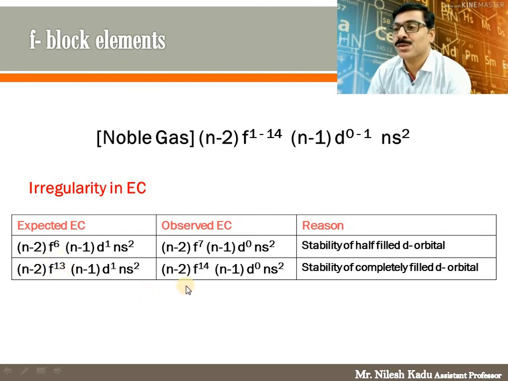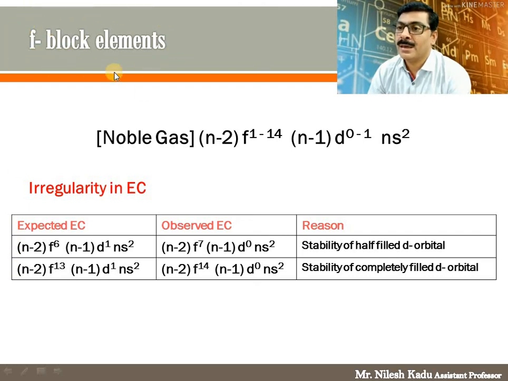So the observed electronic configuration is (n-2)f14, (n-1)d0, because the jumping of one electron from the d orbital to the f orbital takes place, and ns2 is as it is. So if you remember these two irregularities, then you can easily write the valence shell electronic configuration of an f block element.